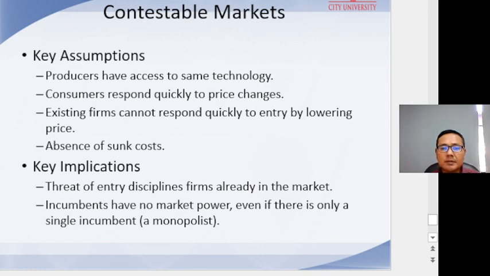A market is contestable if all producers have access to the same technology, consumers can respond quickly to price changes, existing firms cannot respond quickly to entry by lowering price, and there is an absence of sunk costs.